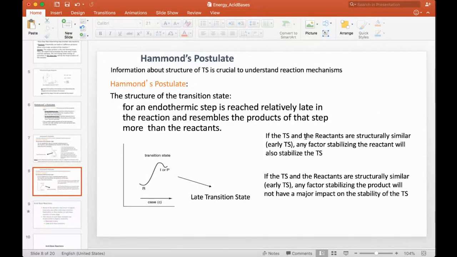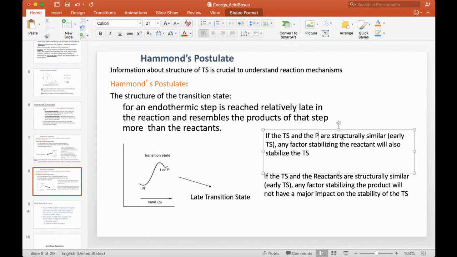So if the transition state and the product of that step are structurally similar, and that's a late transition state, any factor stabilizing the product will also stabilize the transition state.